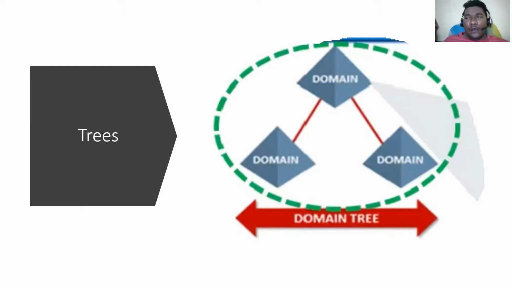For example, let's say I have created a domain with the name techfordummies.com, and I create a subdomain called a.techfordummies.com and another domain called b.techfordummies.com. Here I am using the name of the parent root domain, which means these two domains become the tree root domains, and they are also called child domains because they have the parent name in that domain name.